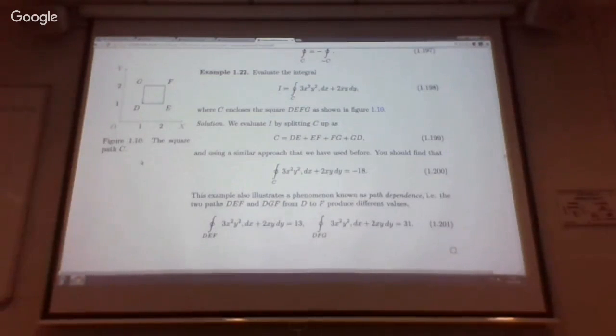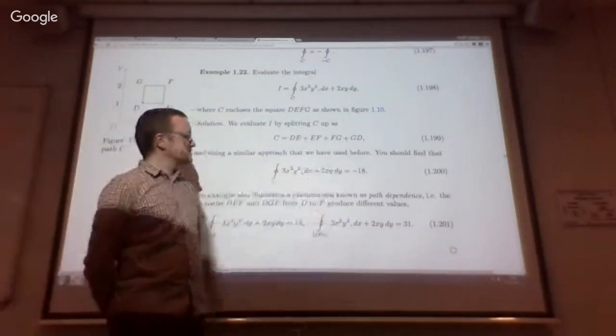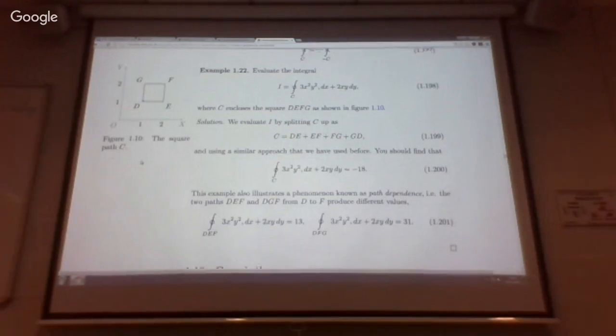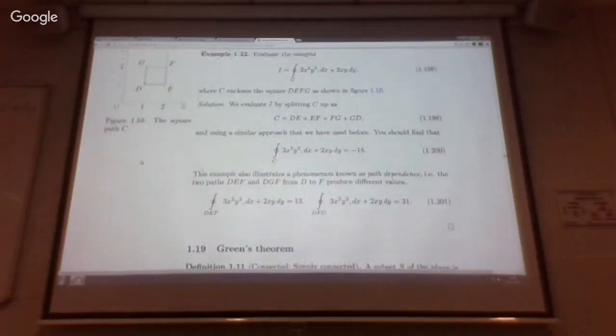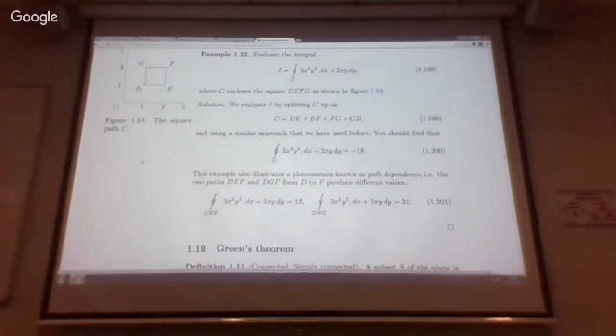We might integrate this linear differential form, 3x squared y squared dx plus 2xy dy. And you will find if you do that integration that you get the value minus 18.